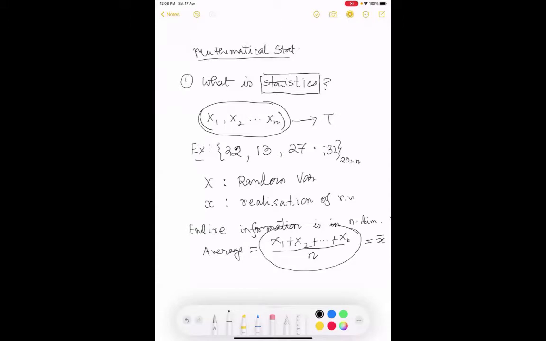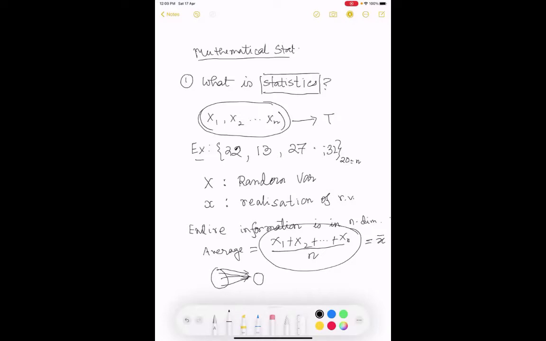So my n dimensional object got projected into one dimension. Technically I am reducing the dimension to summarize, to grasp certain information.